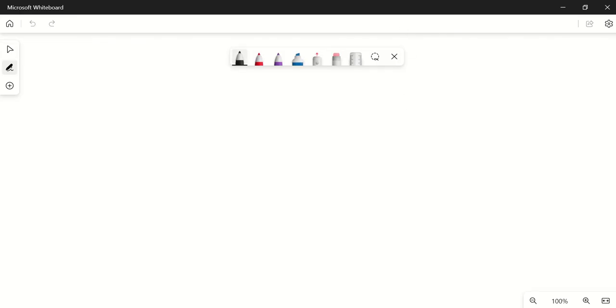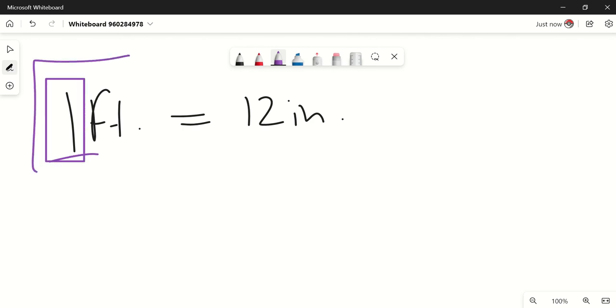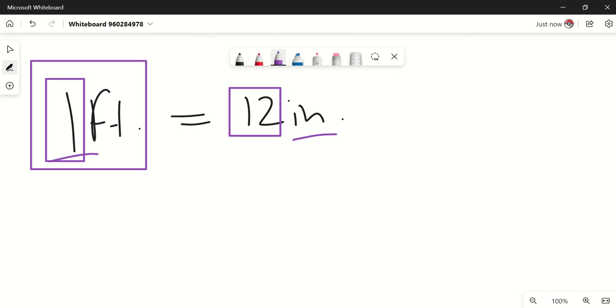So remember, when you use bigger units of measurement, they equal smaller units of measurement in bigger numbers. So again, 1 foot will equal 12 inches. Smaller number, bigger unit of measurement. Bigger number, smaller unit of measurement, because 1 foot is bigger than 1 inch. 12 inches makes up 1 foot.